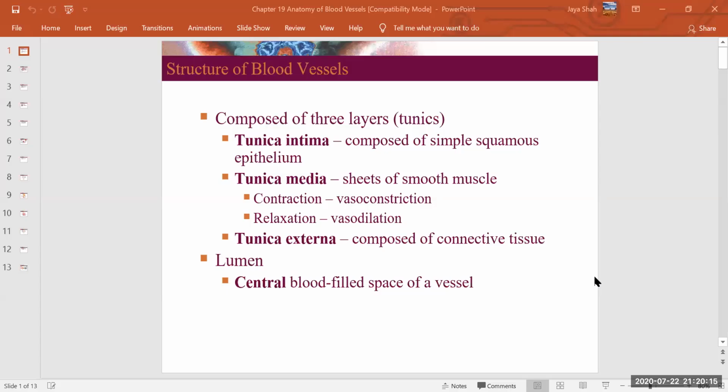Okay, so structure of blood vessels. This is chapter 20. We are not covering a lot here. I'm going to just go over the structure of the blood vessels, and I have sent you guys the blood vessel list. It is on your assignment, as well as sent through email.